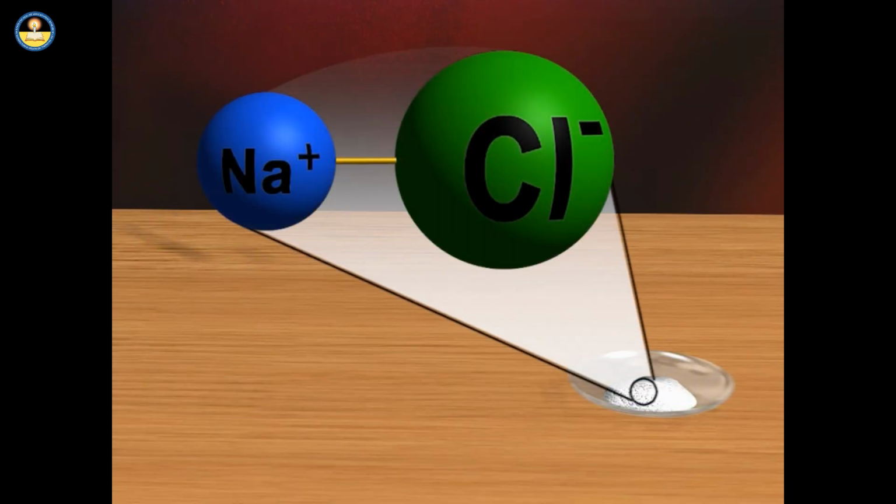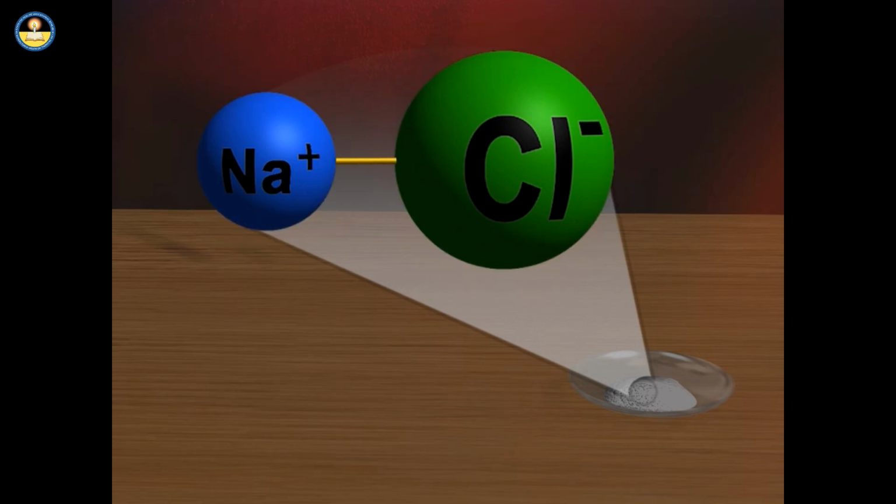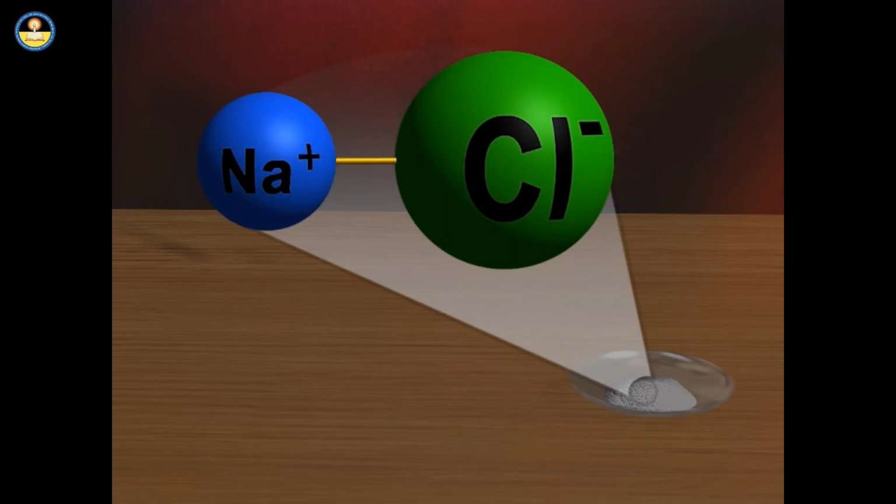As we know, the oppositely charged ions in the ionic compounds are held together by strong electrostatic forces of attraction. It requires a considerable amount of heat energy to separate the ions and melt or vaporize the compound.